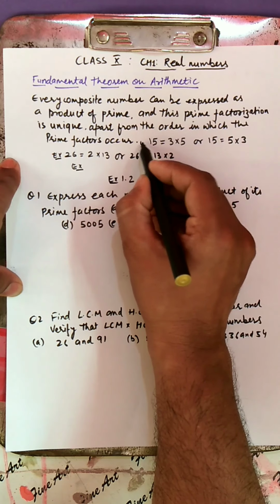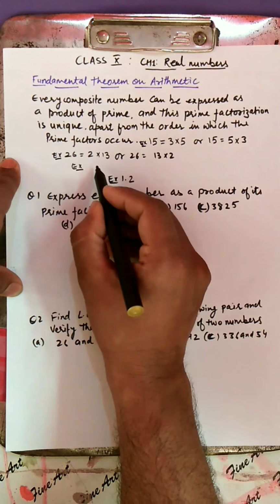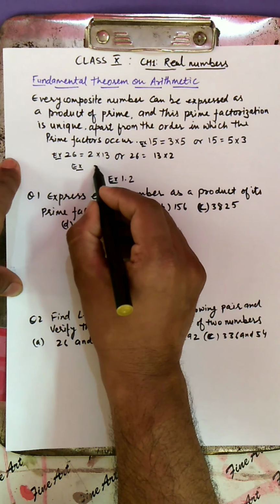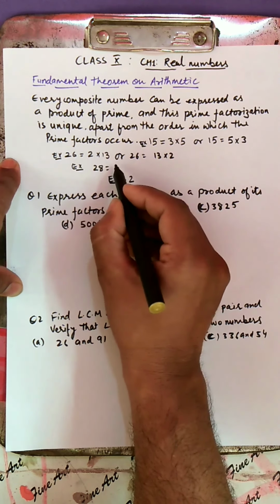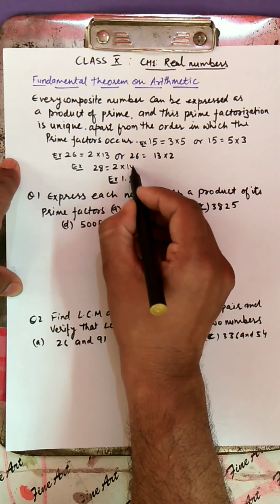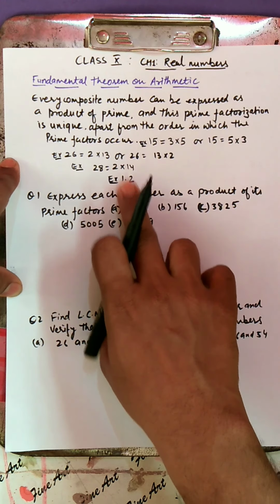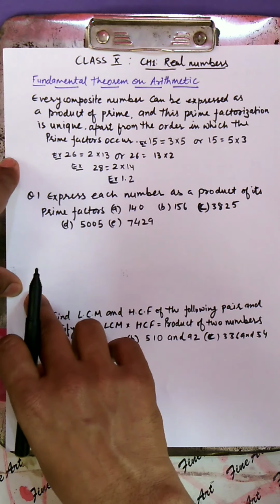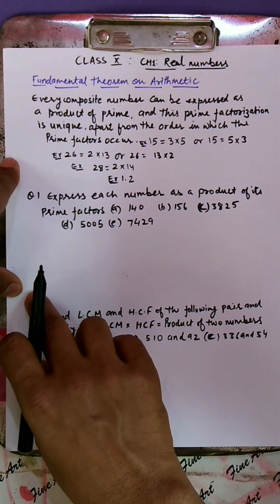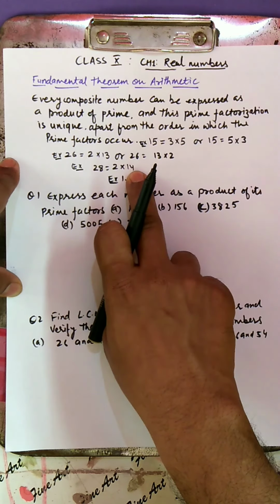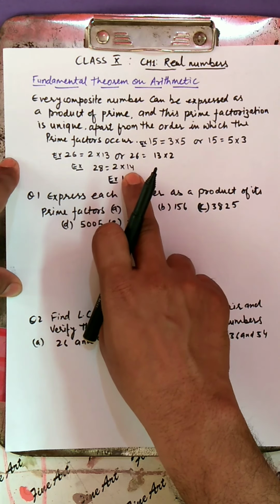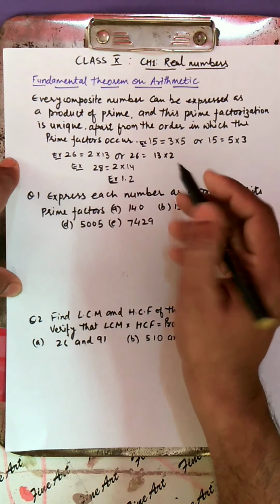Now take another example, and you tell me whether it is a prime factorization or not. Suppose I take 28 and write it as 2 into 14. Is it a prime factorization? Of course it is not, because 14 is not prime. 2 is prime, that's okay, but 14 is not prime, so it is not called the prime factorization.